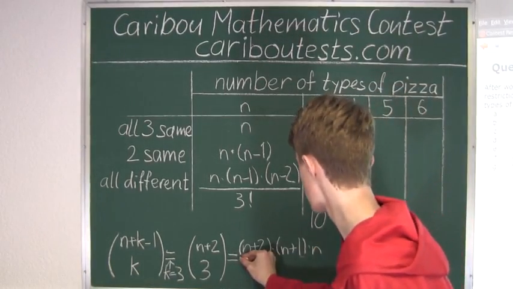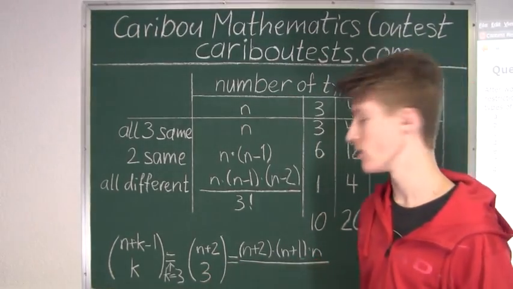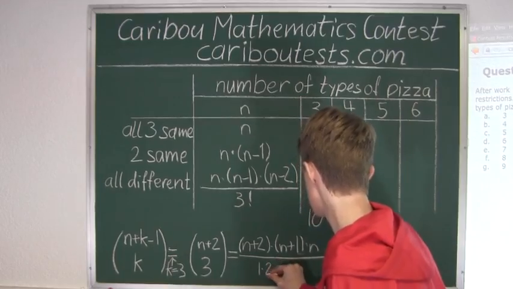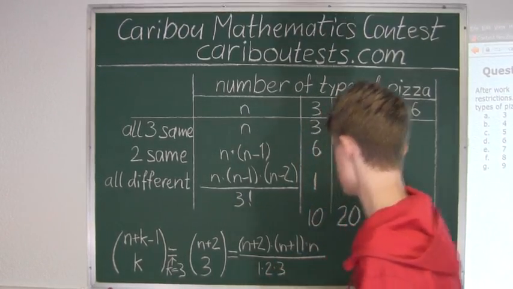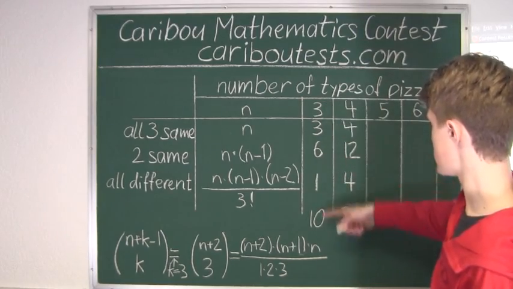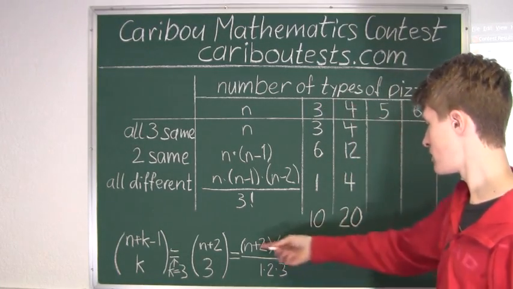And this is over 3 factorial, which we know is 1 times 2 times 3.